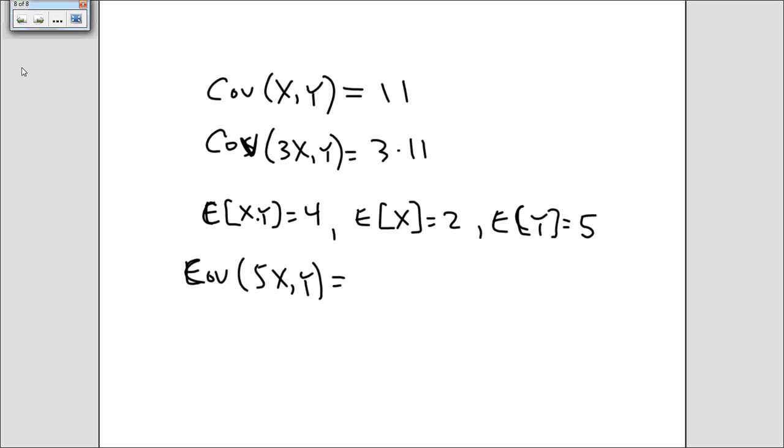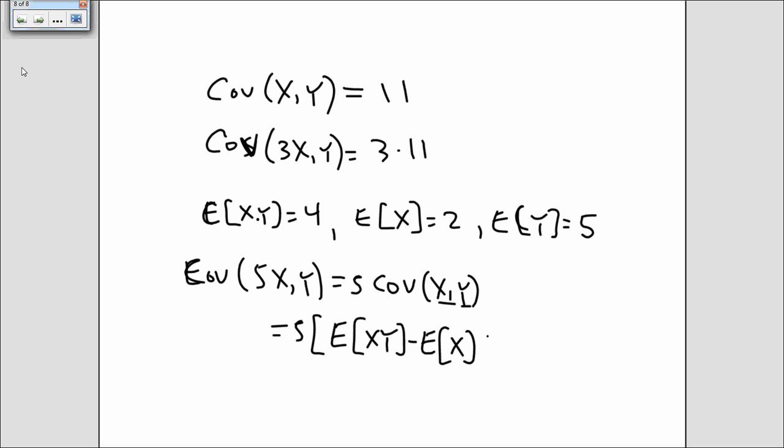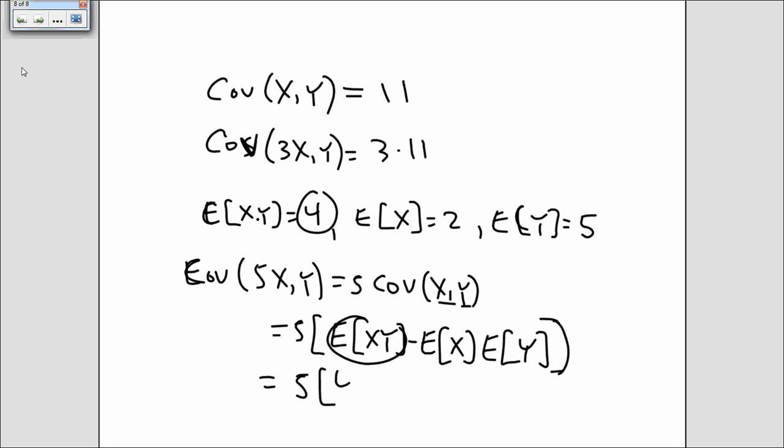Well, we know it's 5 times the covariance of XY, and the covariance of XY is E of the product of those two minus E of these things separately, E of X times E of Y. Well, E of XY, we were given that to be 4, let's just say 40.